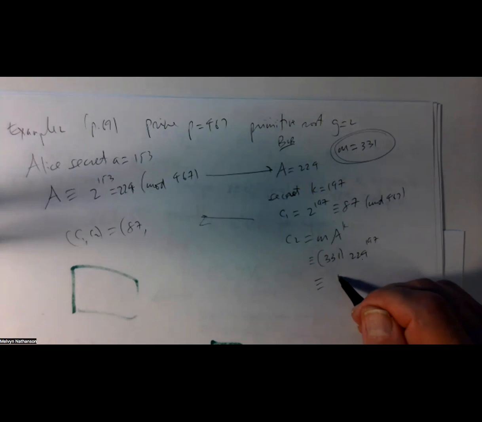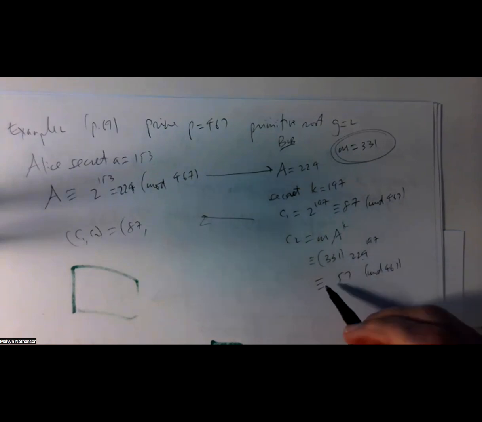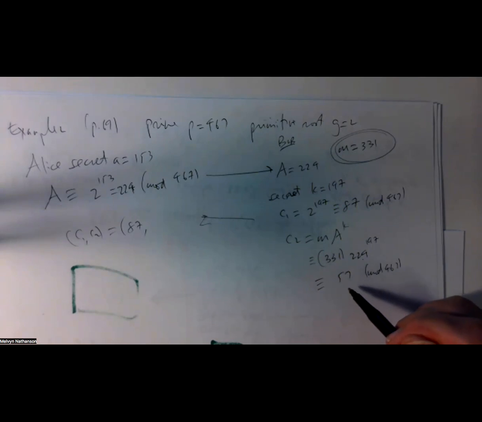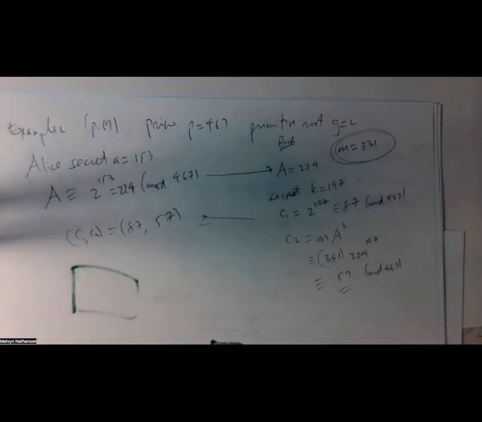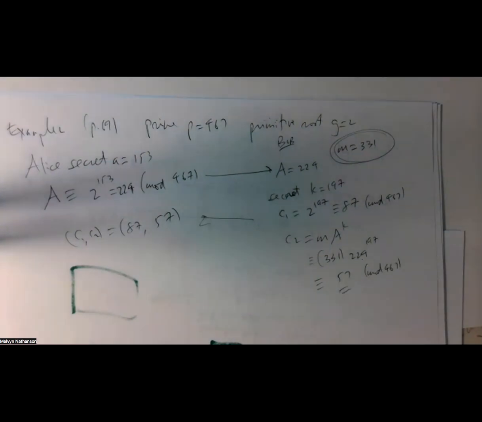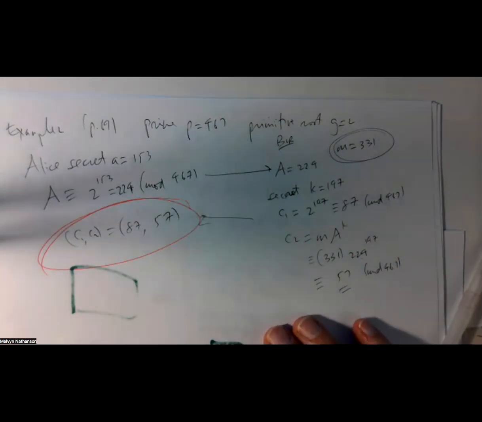And this turns out to be 57 modulo 467. So the second number Bob is sending to Alice is 57. So what Bob sends to Alice is this pair, 87, 57.